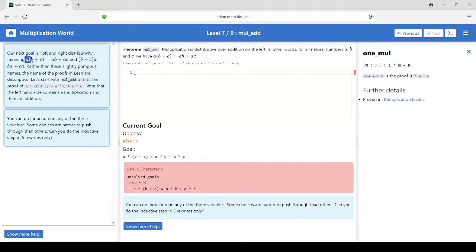Okay, so A times (B plus C) equals AB plus AC, and (B plus C) times A equals BA plus CA.